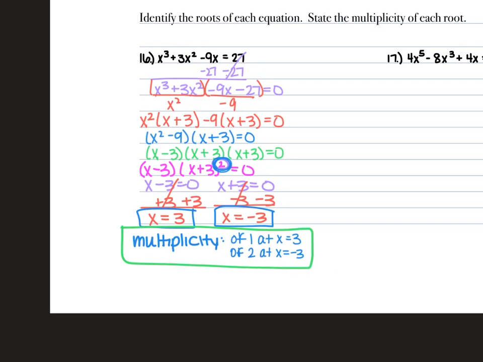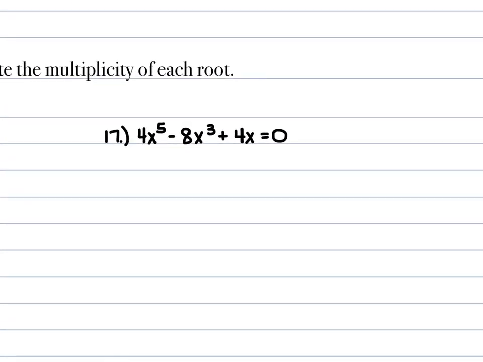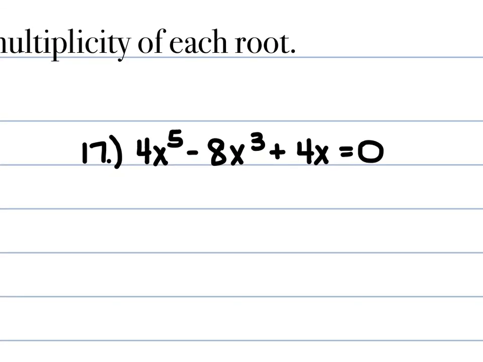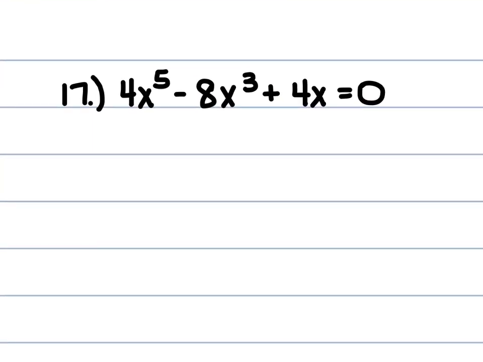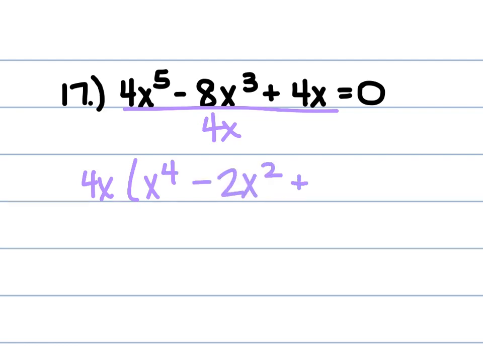If we look at example 17, we have 4x to the 5th power minus 8x cubed plus 4x is equal to 0. So we're first going to start by factoring out a 4x. So 4x times x to the 4th minus 2x squared plus 1 is equal to 0.